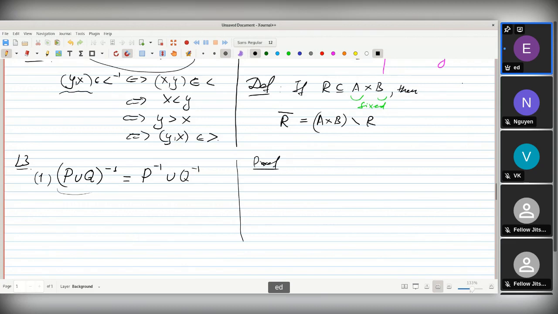So you can uniquely identify a pair with its coordinates. So it is enough to consider a pair of the form xy that belongs to this set and prove that this very pair will belong here. Let's prove it.